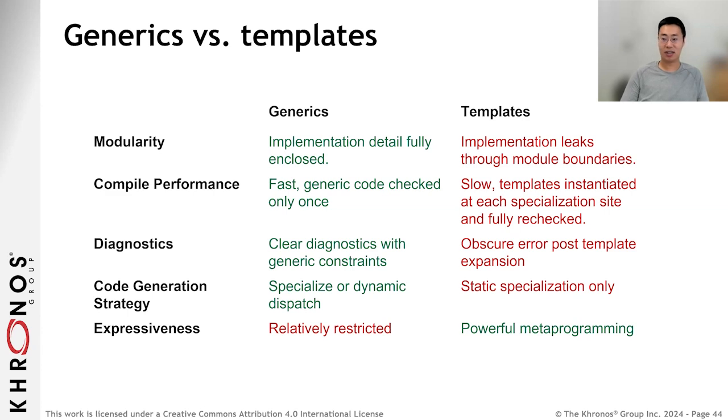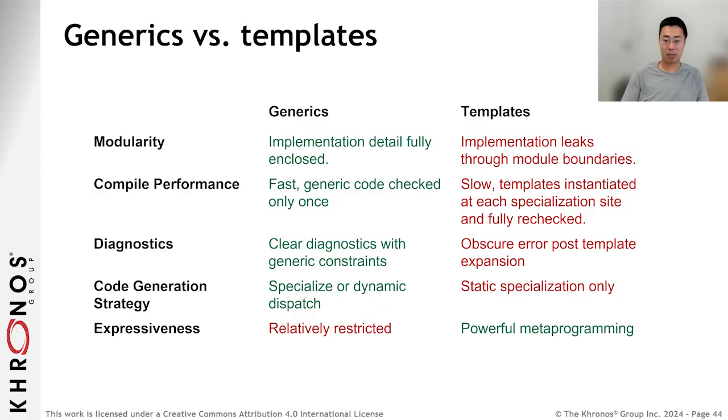This is in contrast with templates, where the body of the template function needs to be made visible to the use side, because it needs to be expanded at the use side in order to complete the type checking. That will break the modular boundary, because you are not able to hide the implementation detail for compilation, right?